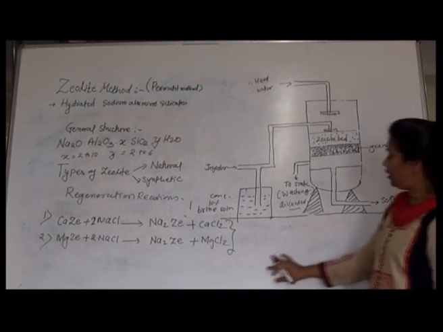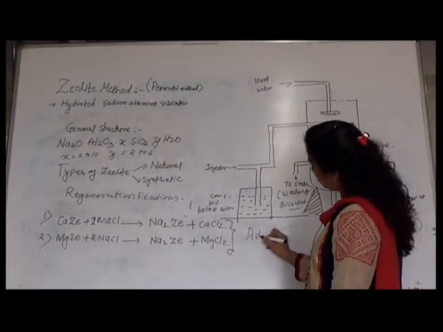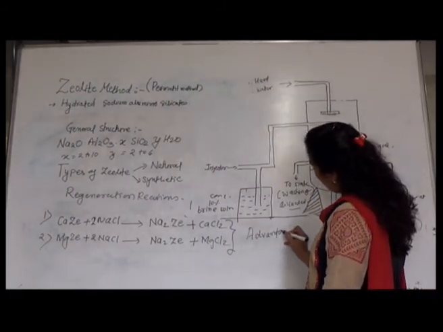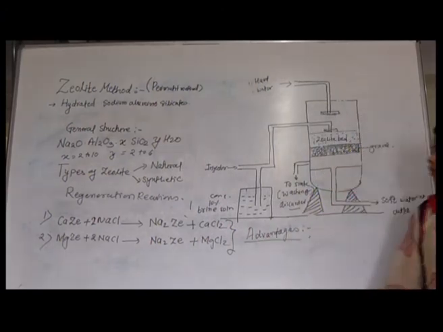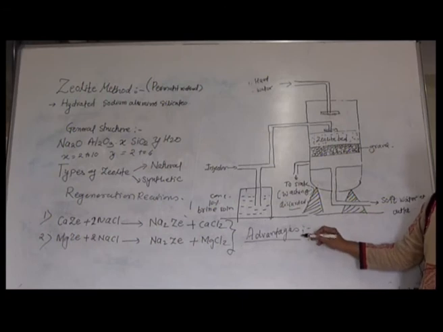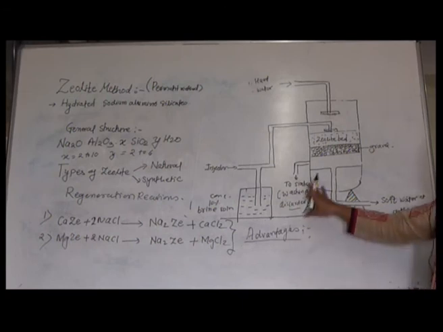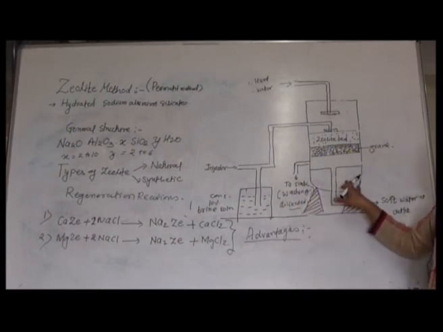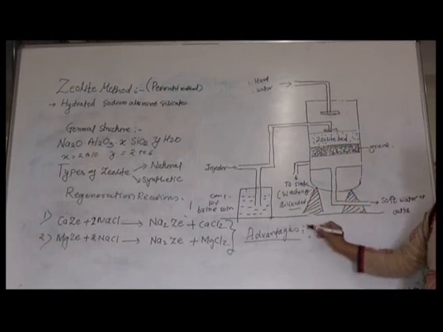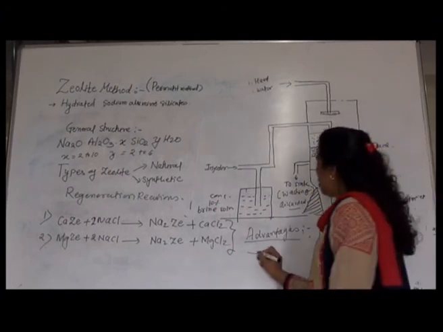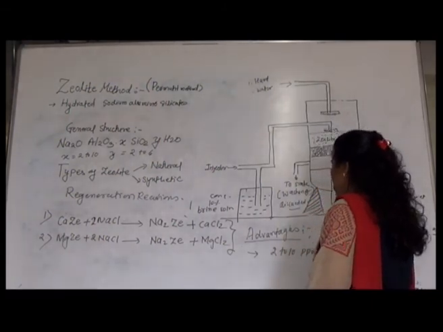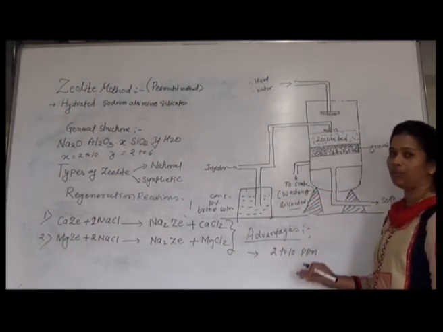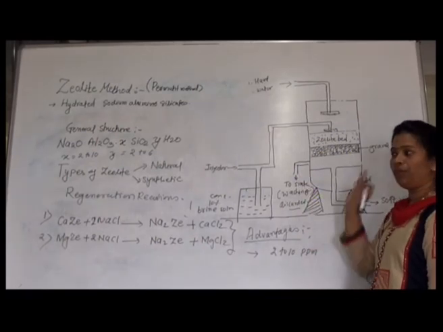Now the next point is advantages of this method. The residual hardness of the water obtained from this zeolite method is only 2 to 10 ppm, means only 2 to 10 ppm hardness remains in water after the softening process.